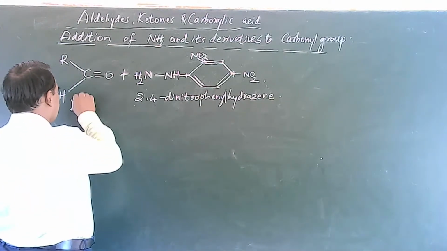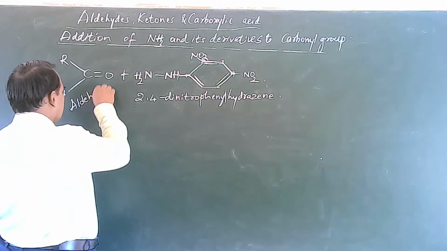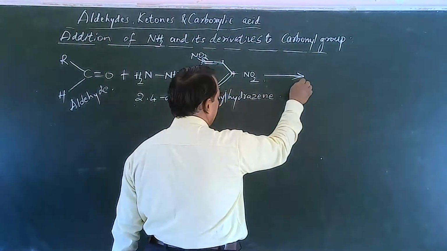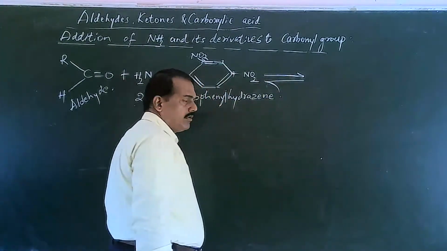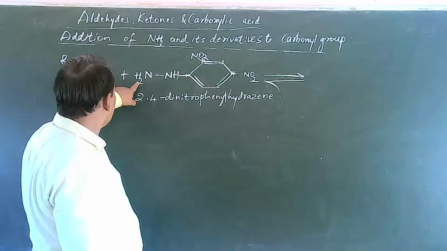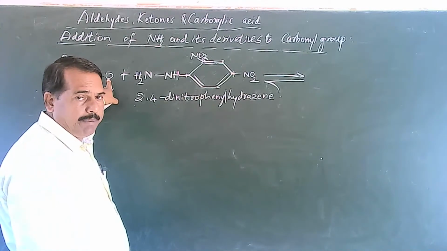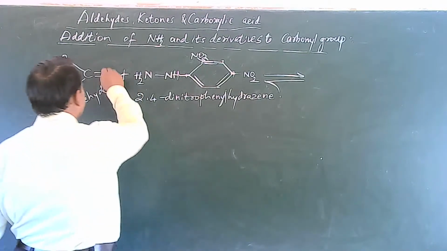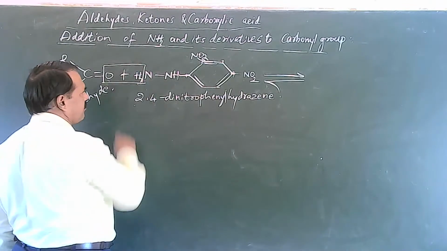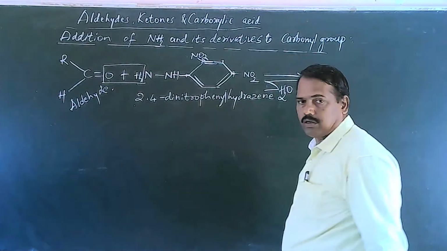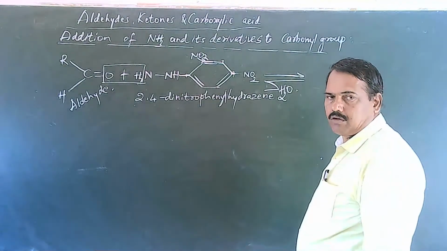Now, when it reacts with an aldehyde, R C double bond O H, what will be the product? Again, the same thing: dehydration, removal of a water molecule, rapid dehydration takes place, minus water, and you can easily write the reaction.